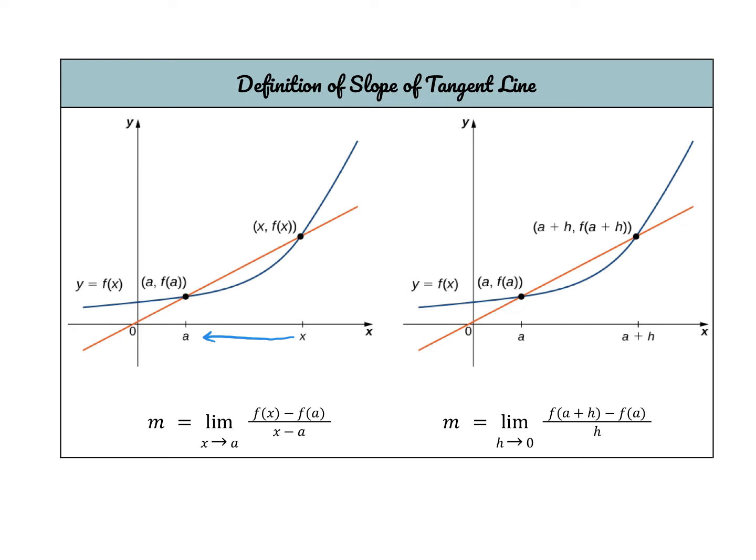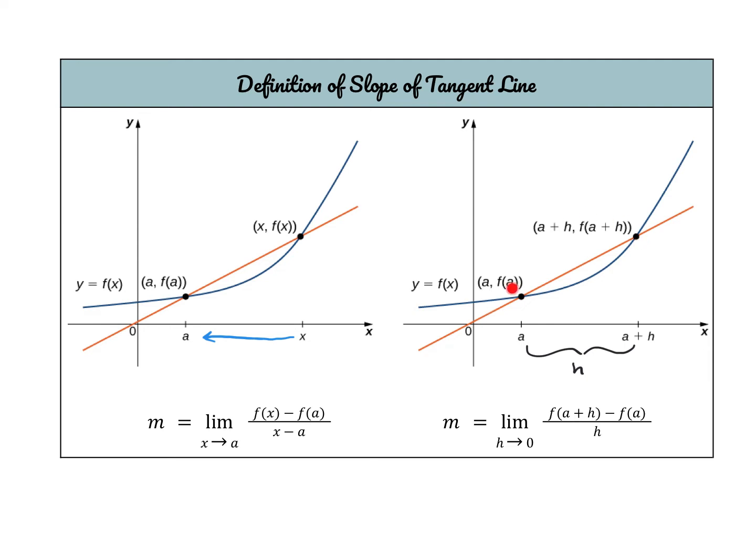Another really common representation of this definition, instead of using x and a, we use a still here, and then we just use this new x value, which we call a plus h. So that's essentially saying that the distance between the 2 points is h. So here you can see that, again, we have the 2 points.